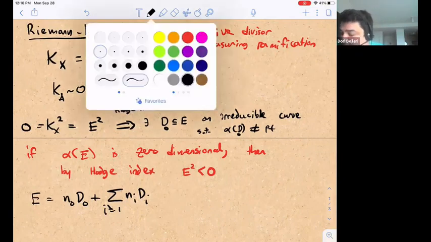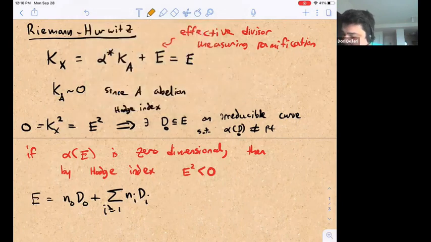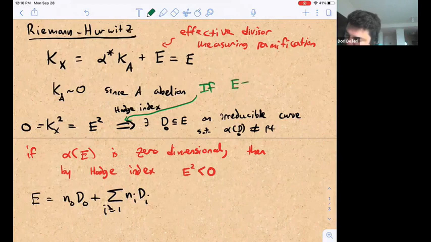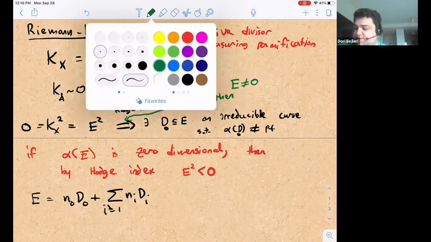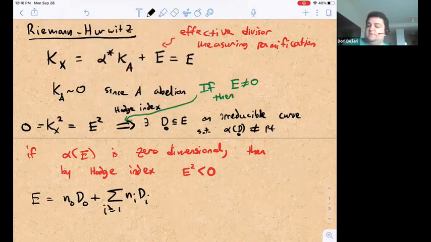It's possible that E is just empty, and then we're done. So here we'll say, if E is not just the 0 divisor, then it contains such a component. It's possible that E is actually just empty, and that's actually what we're trying to prove. We're trying to prove that E is empty, in which case alpha has to be unramified. Okay. Are there any questions?